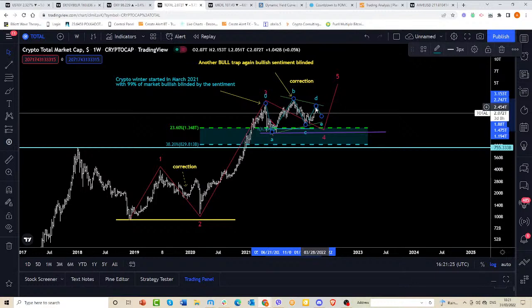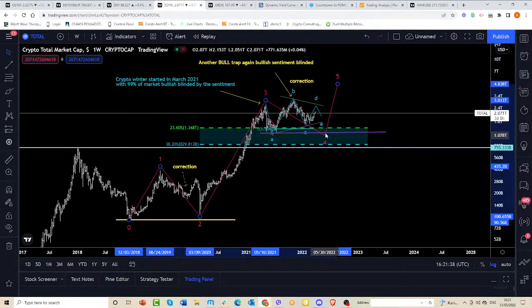We are holding 23.6%. Usually when we want to measure where wave 4 can retrace, we use a Fibonacci retracement which goes from the beginning of wave 2 to the end of wave 3, and we get these ratios and basically support levels. We didn't cross 23%. We did a little bit on wave A, but that's normal. Usually when you have triangles, you are not going to see price going below this 23%.